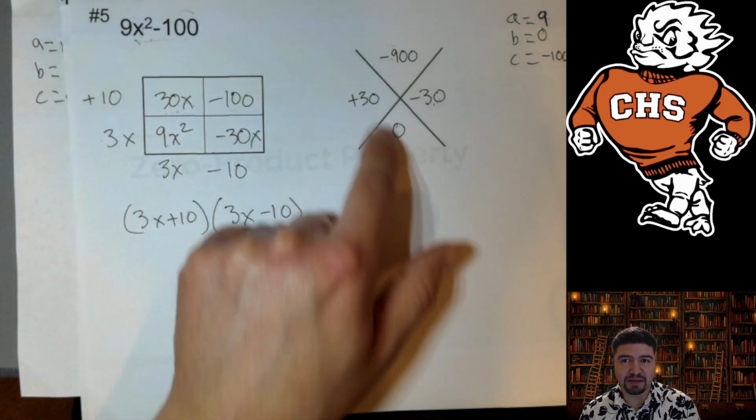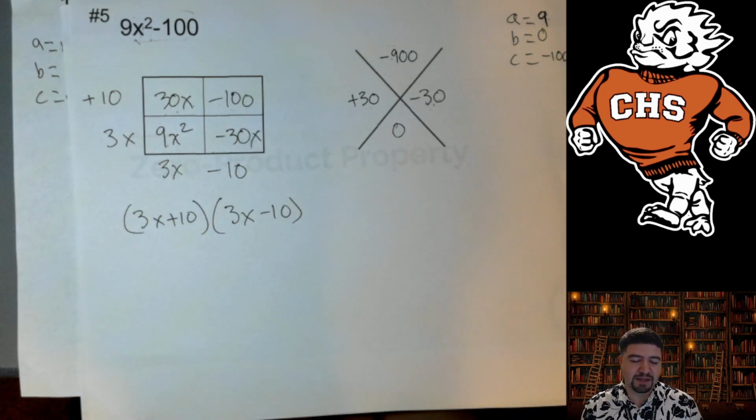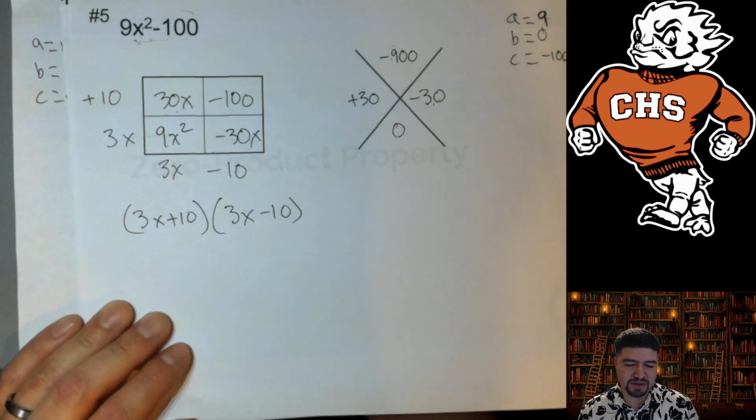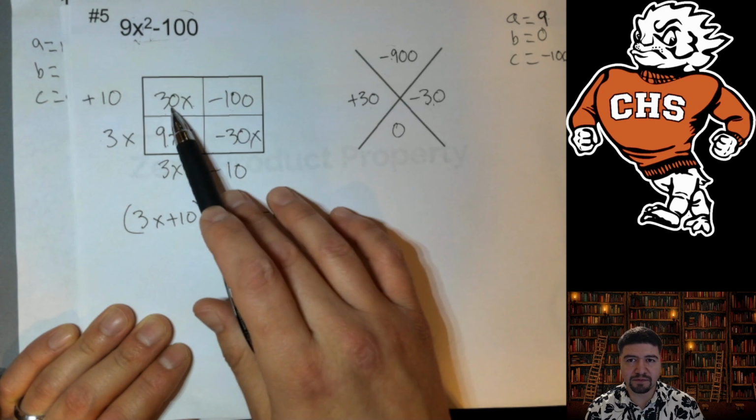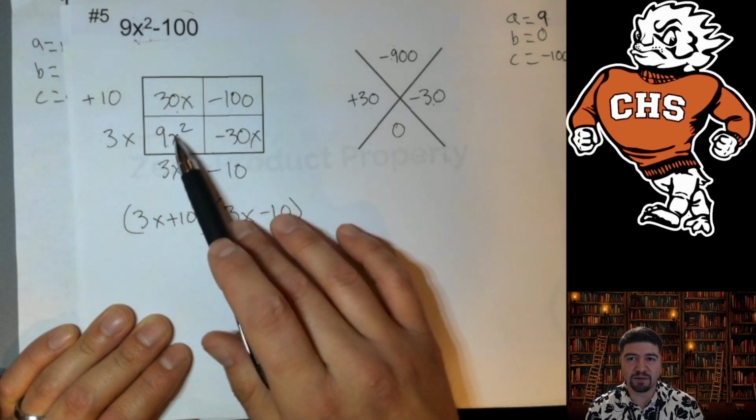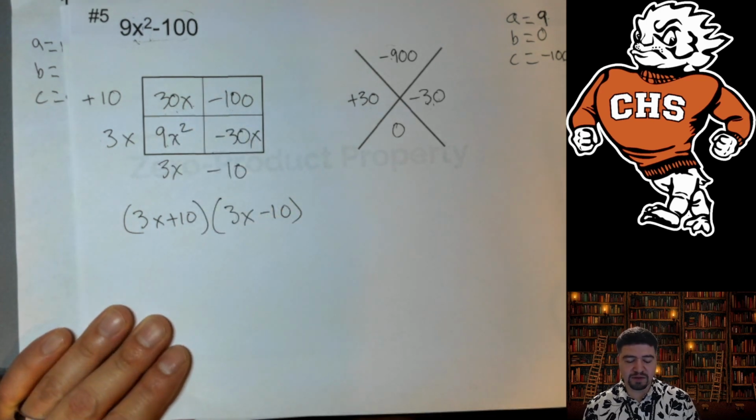Now, this method won't necessarily always work for this particular special case, because when you have a difference of squares, sometimes you won't be able to factor out some things from the area model. At least it won't be so obvious.